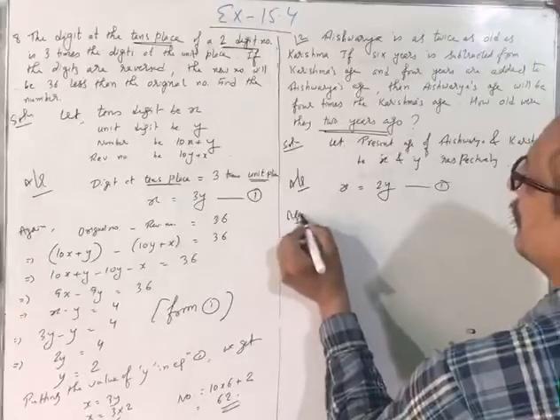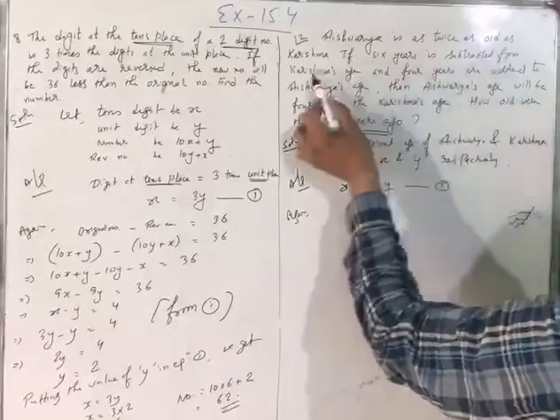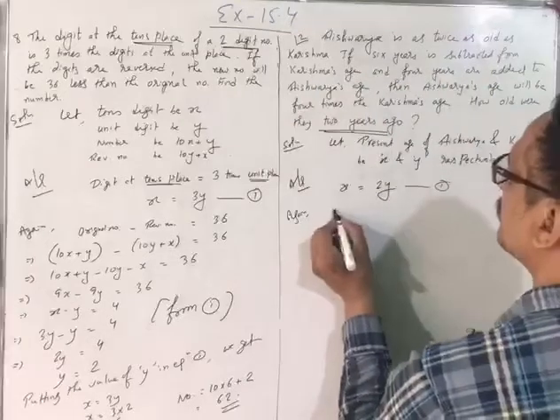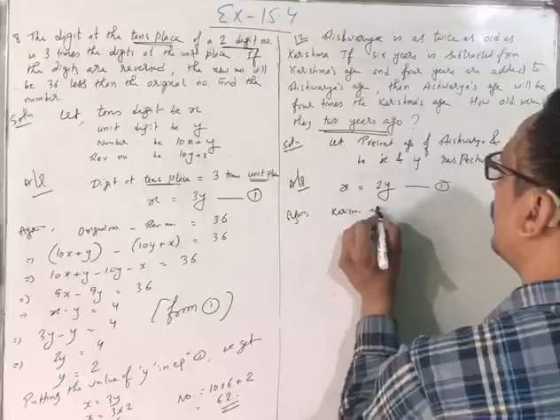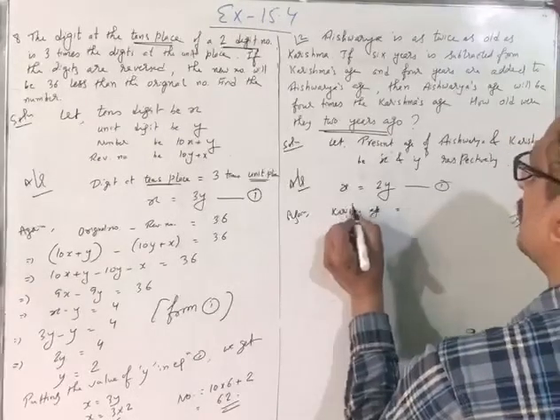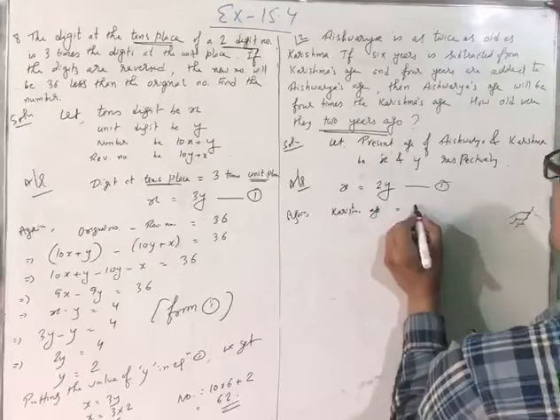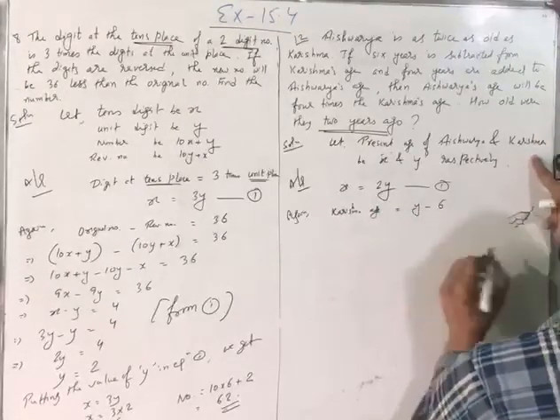Again, 6 years is subtracted from Karishma's age. Karishma's age means y, so y minus 6.